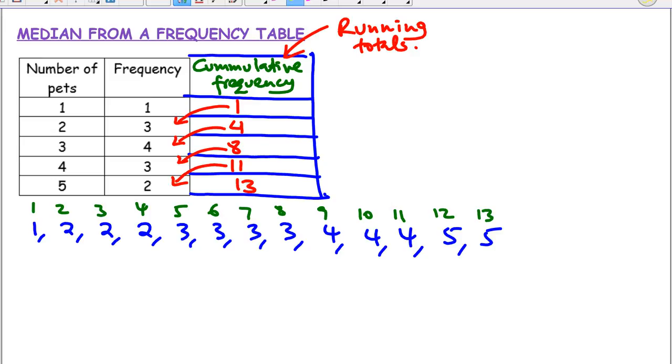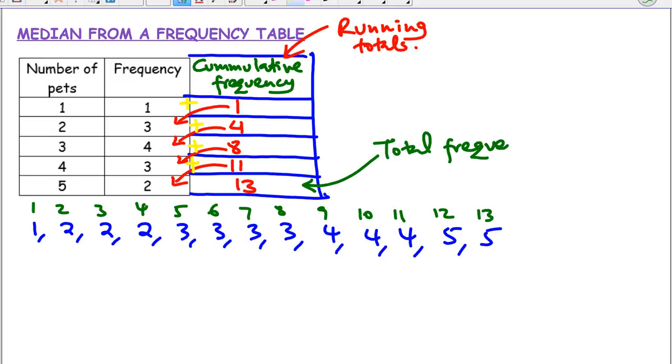So what I'm doing here is adding these numbers, and you end up with the running totals. Now remember, this last number actually represents the total frequency.